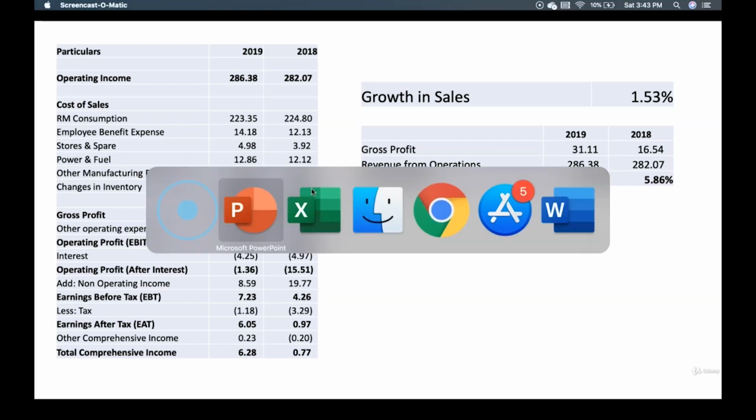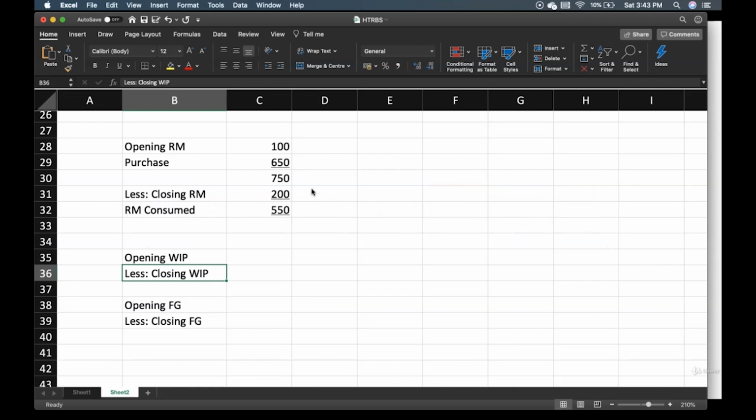Look at this. I'll just take you through an Excel. Let's say you had opening raw material of 600. You purchase some more raw material, 650. It means the total raw material you had is 750. But at the end of the year, the raw material in hand is only 200.